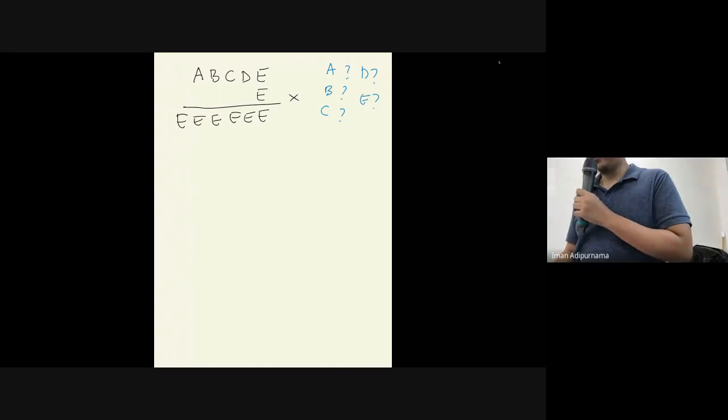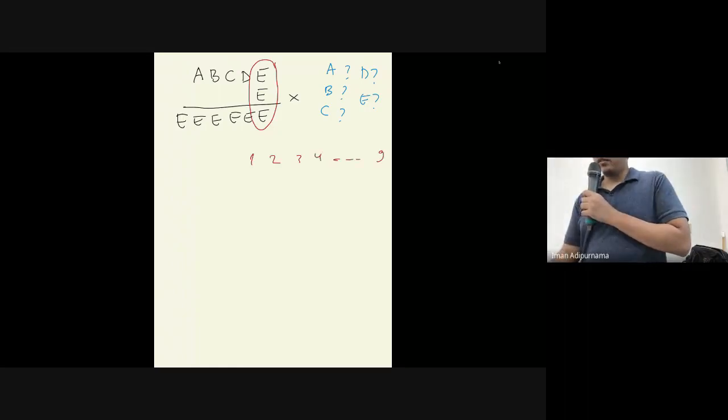If A, B, C, D, E are all integers, of course they are integers because they are digits and have no negative numbers. They are all positive numbers. So the key to solve this problem is here. E is 1, 2, 3, 4 until 9, and the other is 1, 2, 3, 4 until 9 also, right?